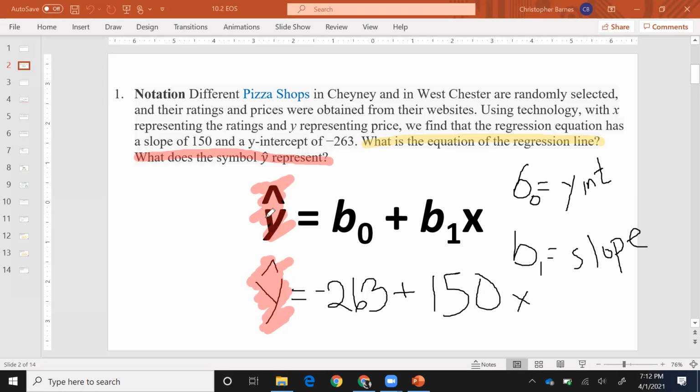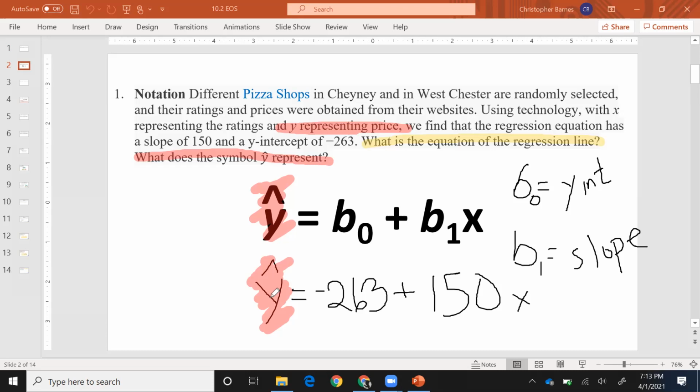We got some data, we lined it up, and based off the data, we're going to predict the price, or actually, I don't even know which one is which, right? So hold on. Y is the price. So if I look at the ratings from the website, I'll be able to predict the price of the pizza at these two places, Cheney and Westchester.